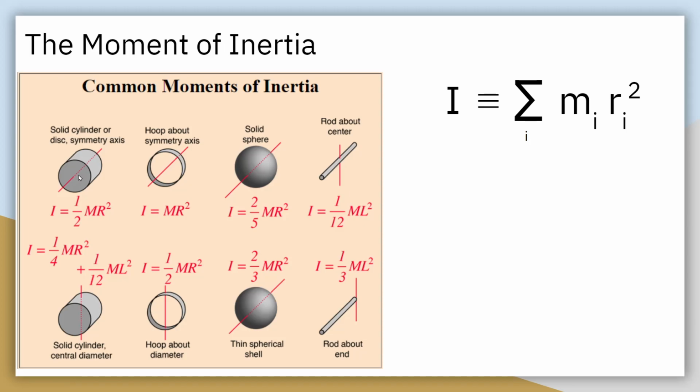It has a distribution of mass throughout the entire object, which is why its moment of inertia is lower than the moment of inertia for the hoop about its symmetry axis. We can focus on that conceptual understanding of the moment of inertia for any of these shapes, based on how far away each particle is from its pivot point.